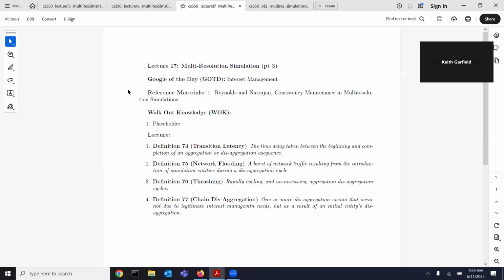Right, again, so this idea of aggregation, disaggregation, it solves a great problem. It introduces these new problems, as all things do. You can also get chain disaggregation, which is the fact that you disaggregated one thing means that you got others involved. So here I am with my entities, and each one of them has a zone of interest.